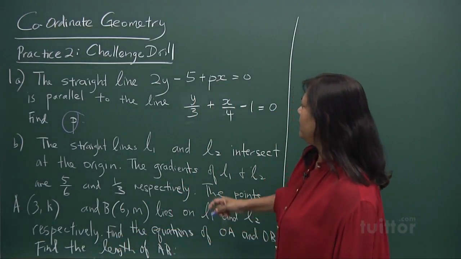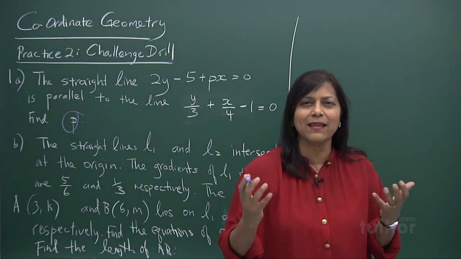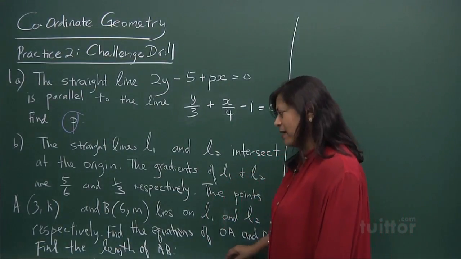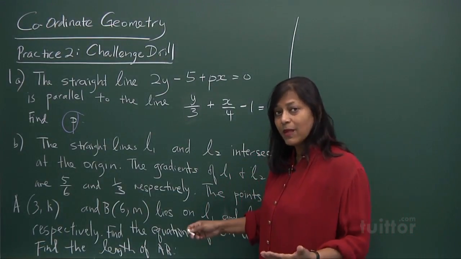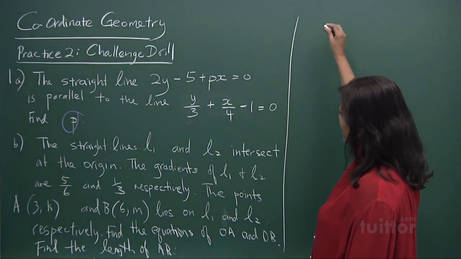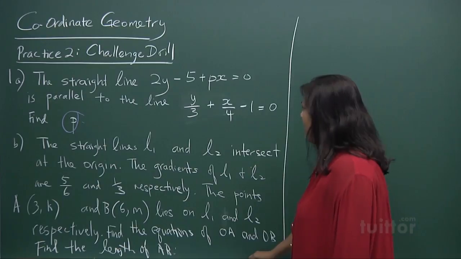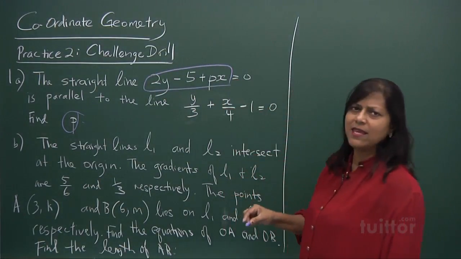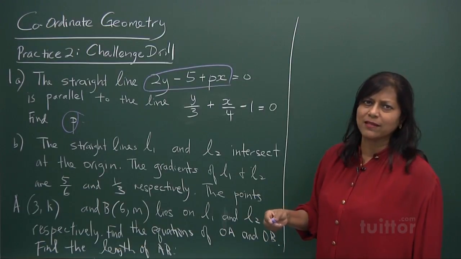Well, we get the straight line in its real format. What should it be, a straight line equation? y equals mx plus c. Now if you look at this straight line, it does not show us the c, it does not show us the gradient.